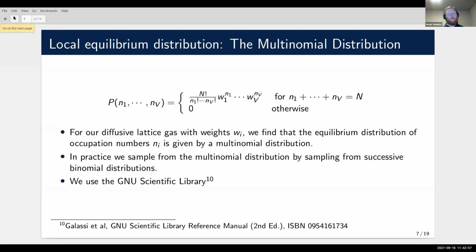So as long as you're taking the particles out of your total number of particles, you can sample from the successive binomial distributions. We have found that using the GNU Scientific Library, or the GSL, is efficient in this case to sample from a binomial distribution. We've also created our own method of sampling. However, that is not something we're going over in this presentation.